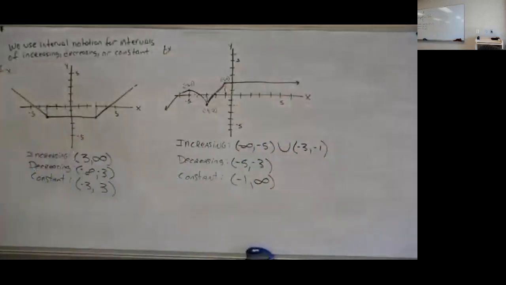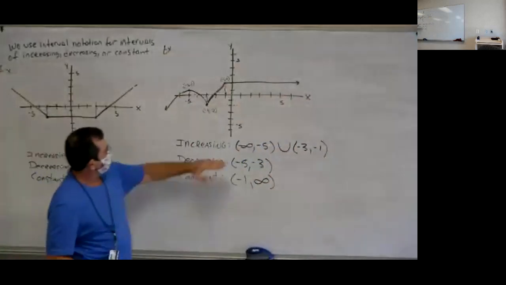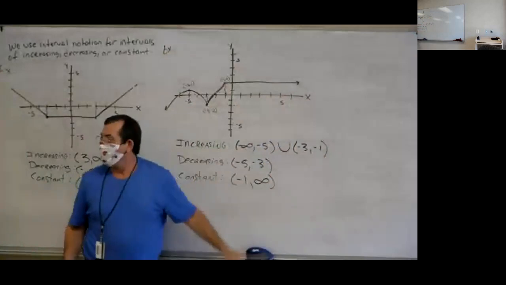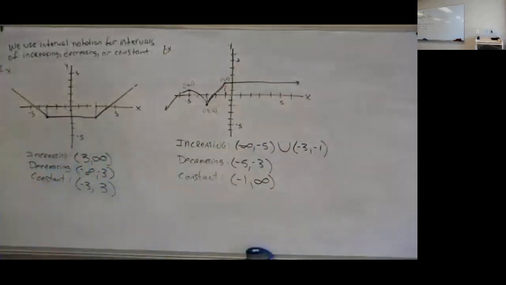Okay, so when you're done, your intervals will go from -infinity to positive infinity, okay? Those aren't too bad, it's just keeping up with the intervals, and remember, we're only looking at the x values on these, okay? Only time I'll ever have y'all use y values is on the range.